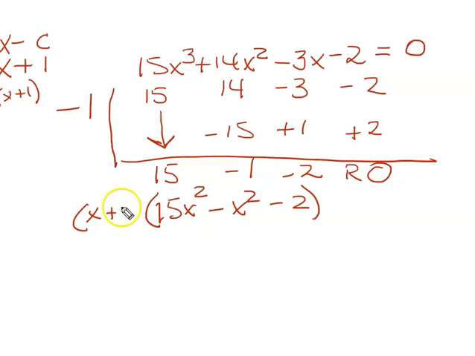So x plus 1. Now, we're going to equal each of these factors to 0. And we know then that one of the solutions to this equation to the third degree is going to be x equals a -1.